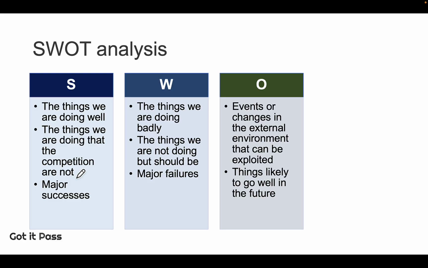And then move on to O, opportunities. It's the events or changes in the external environment that can be exploited. That means something happened outside the organization, maybe in the market, and those events or changes may benefit our organization, so that we can exploit any opportunities outside. Opportunities also mean things likely to go well in the future.